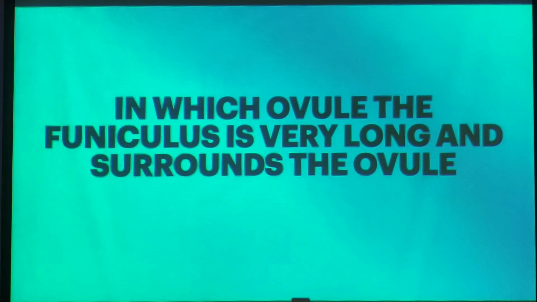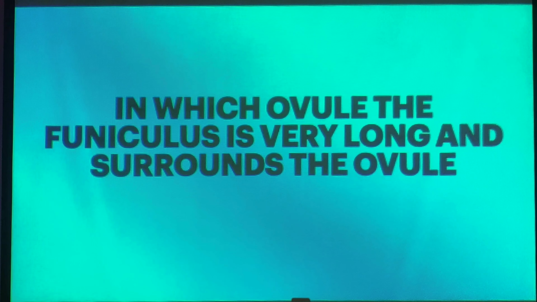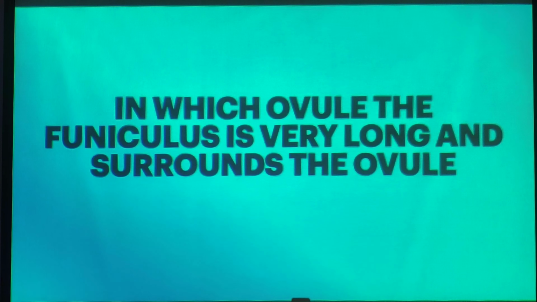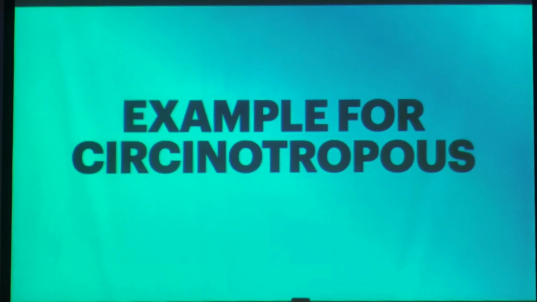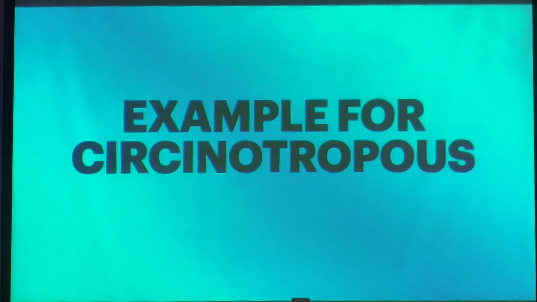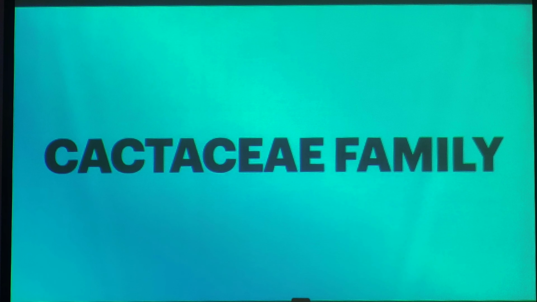Example for amphitropous ovule: Alismataceae family. In which ovule is the funiculus very long and surrounds the ovule? Circinotropous. Example for Circinotropous: Cactaceae family.